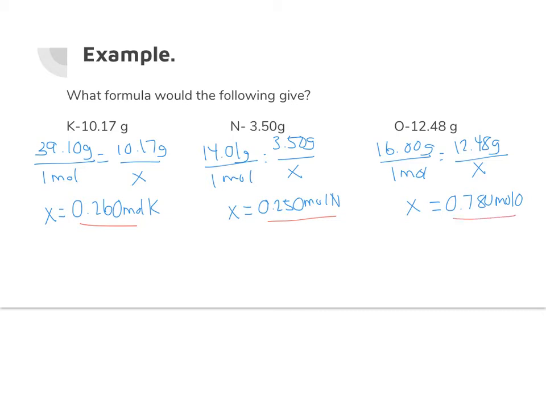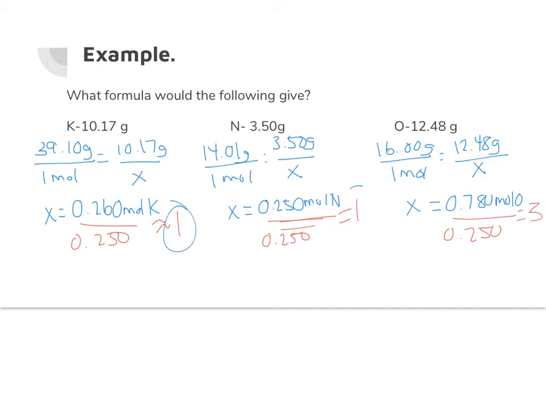We're going to divide all of these by the smallest number of moles, which is 0.25. So 0.26 divided by 0.25 is approximately 1. 0.25 divided by 0.25 is going to equal 1, and 0.78 divided by 0.25 is going to equal about 3.